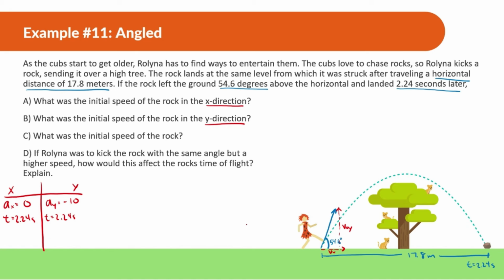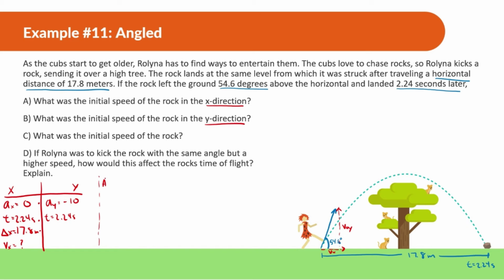We know the distance it travels, and that's horizontally, so that's in the x. 17.8. Okay, that looks a little weird, so let me just write that again. Great. And what you should notice is we have 3 pieces of information in the x direction. Since we have 3 pieces of information in the x direction, we could find the fourth. In this case, we could find what Vx is.